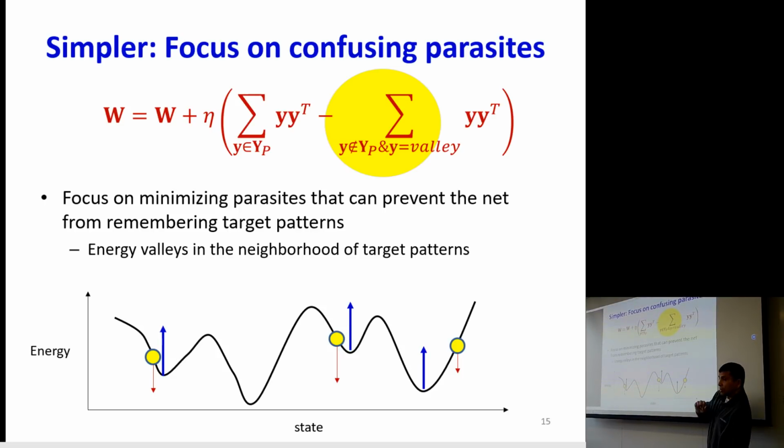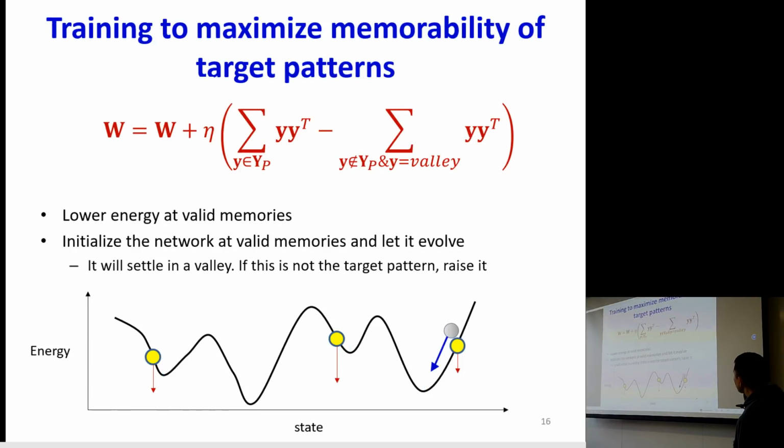So the learning can be modified to say, I want to lower these, and I want to raise the valleys which are adjacent to it, which could potentially drag away from these target memories. The way we could learn it is that you initialize this network at these target memories, let the network evolve, and it's going to converge at the nearest valley.